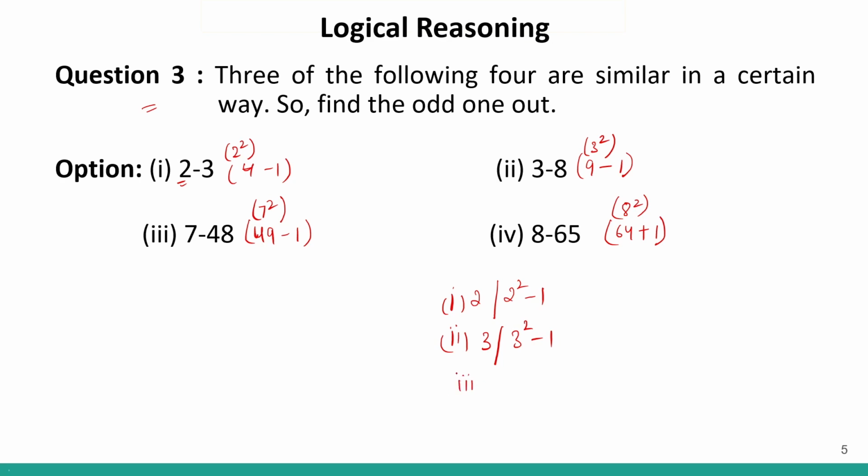For the third option, I can clearly see the first number is 7 and the second number is 7 square minus 1. But for the fourth option, it is 8 and 8 square plus 1. So here in each case it was minus, minus and minus. Only in option 4 it is plus. Therefore, option number 4 will be the odd one out. Clear?